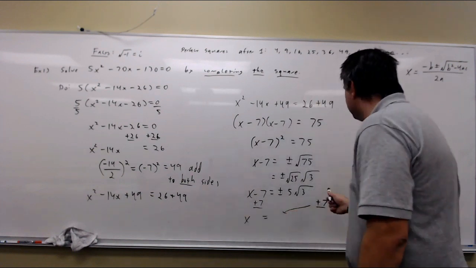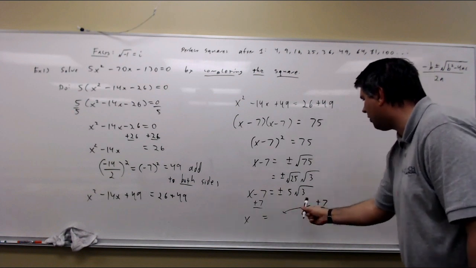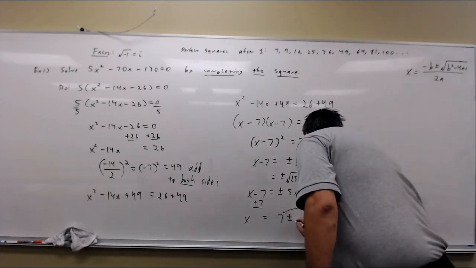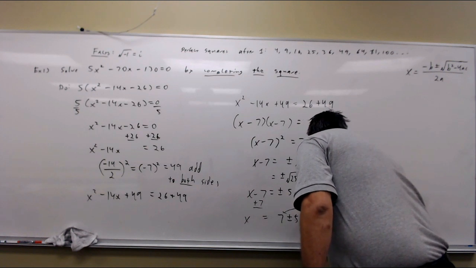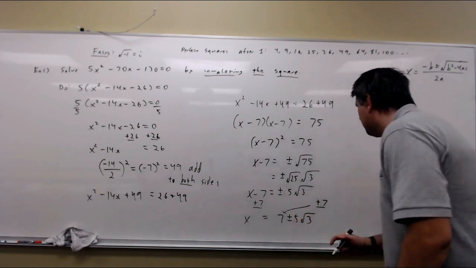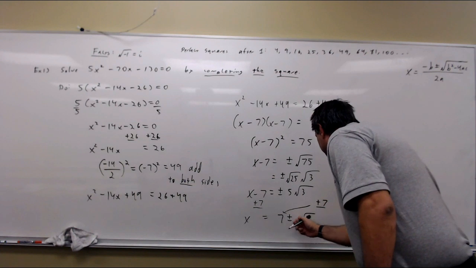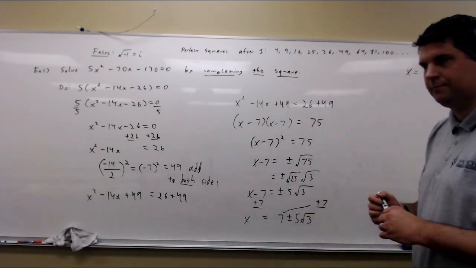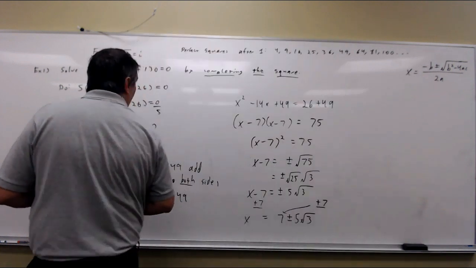It's generally considered normal to put the non-radical portion first and the radical portion second, like so. Okay? So that was example 1.